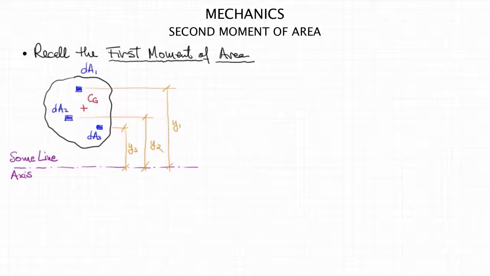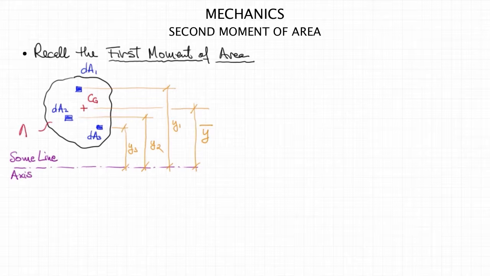And then we could use this property to determine the location of the centroid, y bar, by also multiplying this moment arm by the total area of the plate.